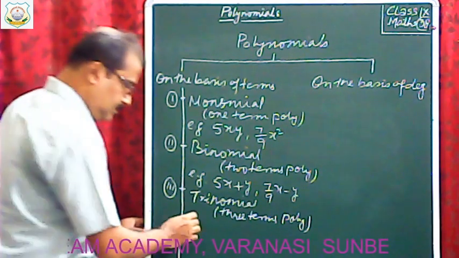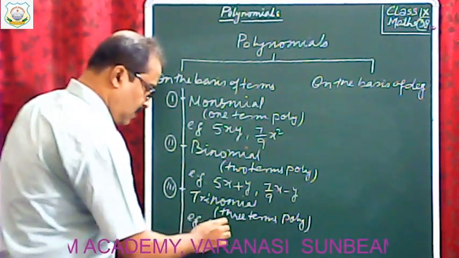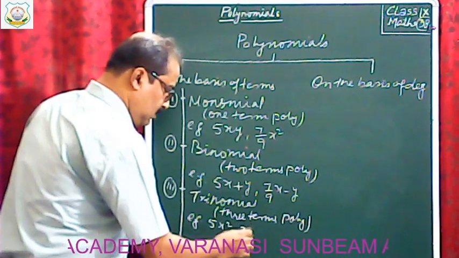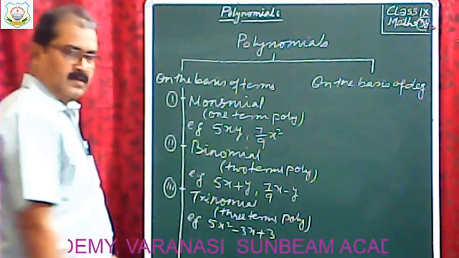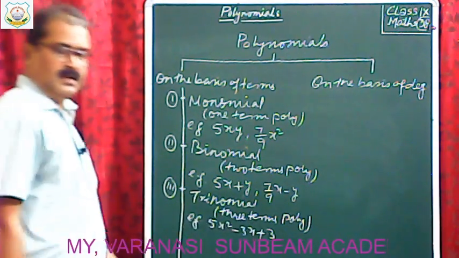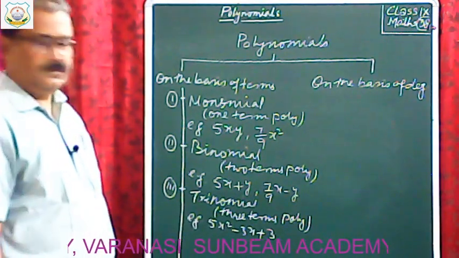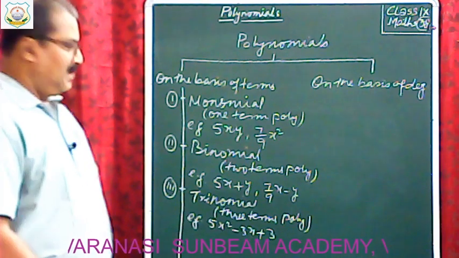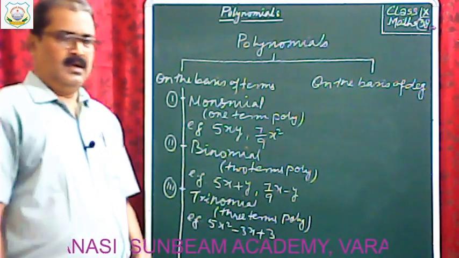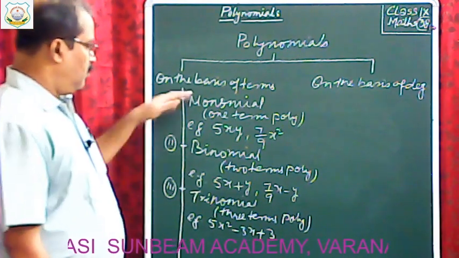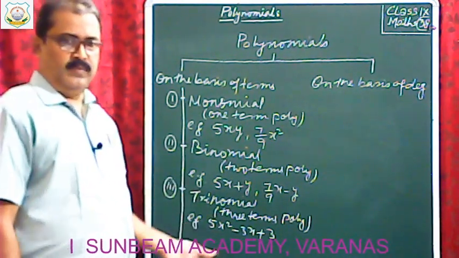For example, 5x square minus 3x plus 3. Got it? So 1, 2, 3 terms are there. It is a trinomial. Thereafter, quadrinomial. A 4 terms polynomial is known as a quadrinomial, isn't it? So monomial, binomial, trinomial, quadrinomial.